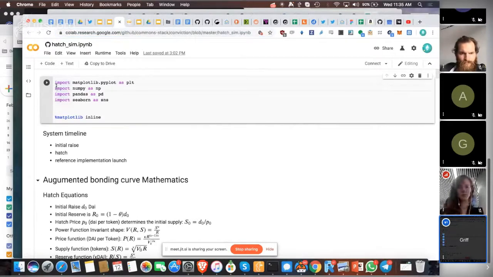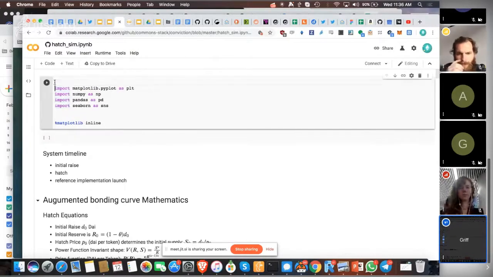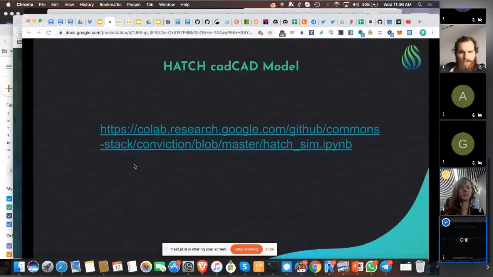The only thing that you have to do is add a line, and it should really be before this. I'll just add it in here. That says pip install cadCAD. Let me make sure that I didn't make a typo there.